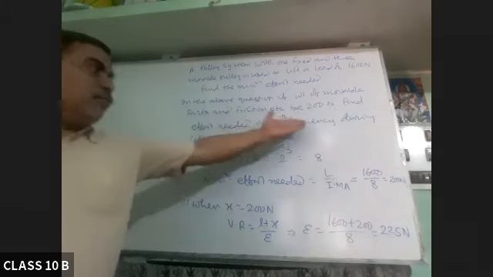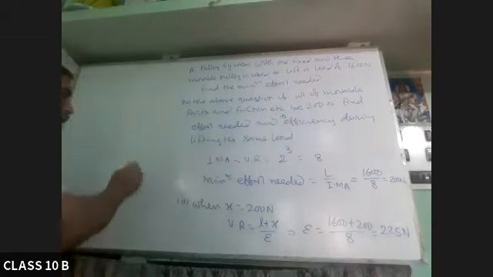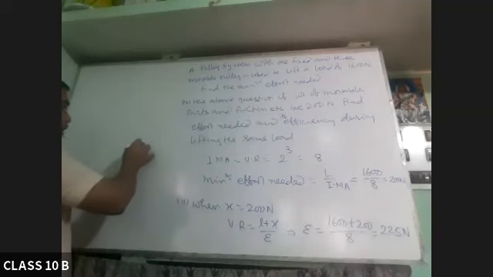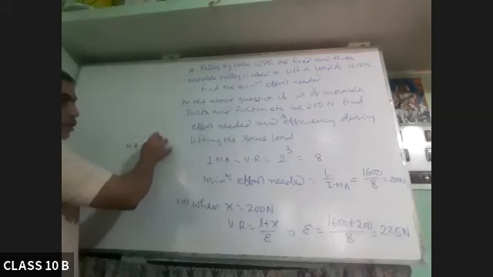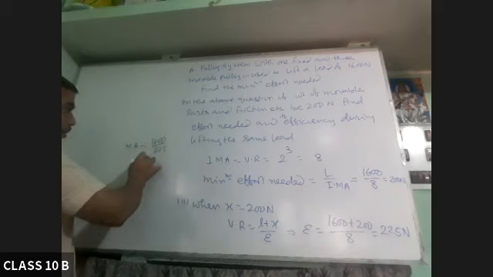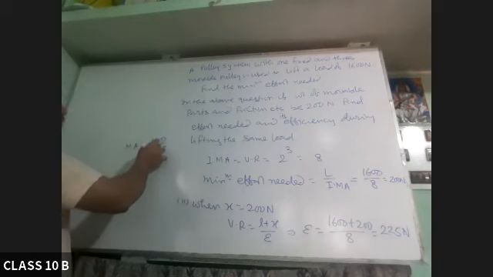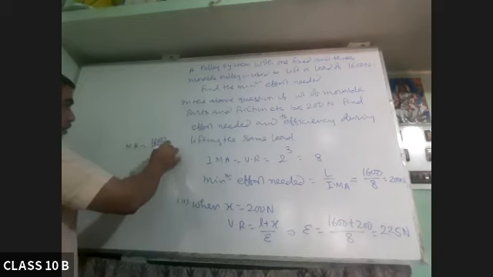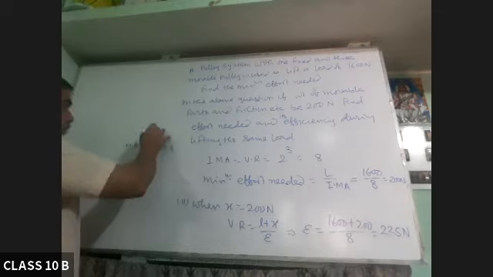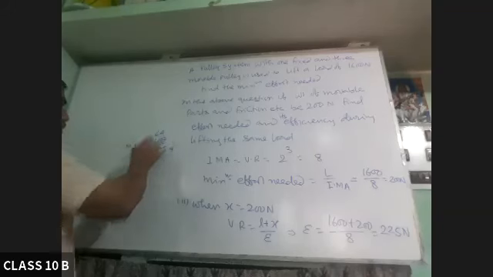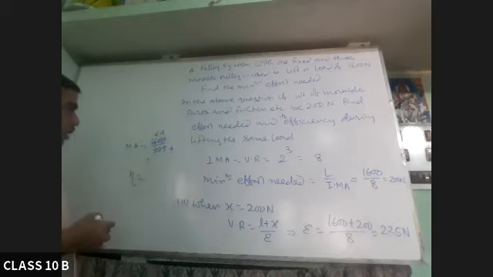Now, what will be the efficiency? First you will find the mechanical advantage. So MA will be 1600 over 225, which is 64 over 9.